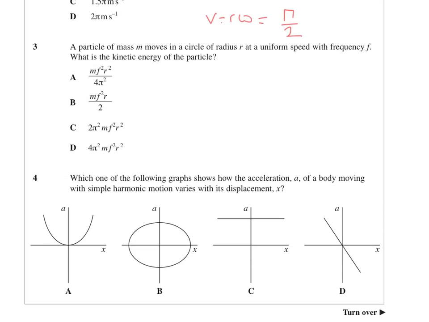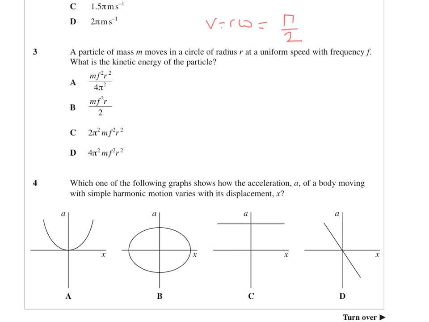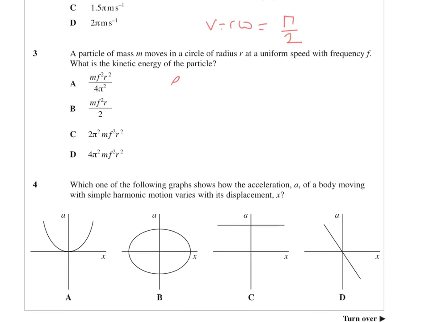Okay. A particle of mass m moves in a circle of radius r at uniform speed with frequency f. What is the kinetic energy of the particle? So, frequency. Let's do it this way around. We can get the omega from this one.